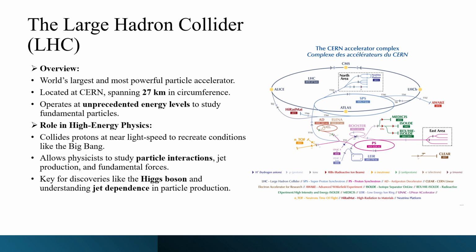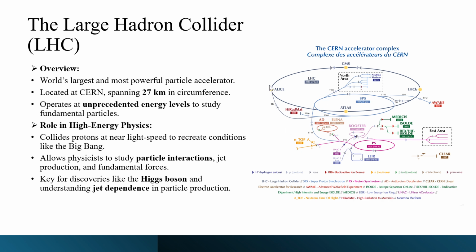So this is key for the discovery of the Higgs boson, and we understand it by studying the jet dependence of particle production, whether jet on, jet off, or jet default. So this is all about the Large Hadron Collider.